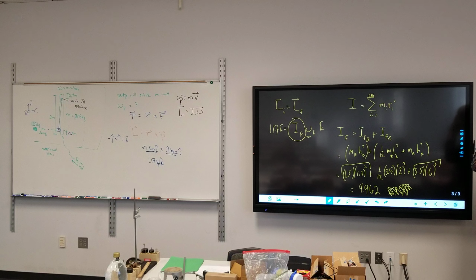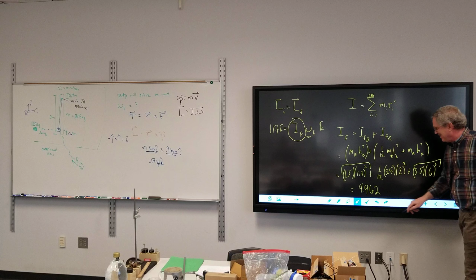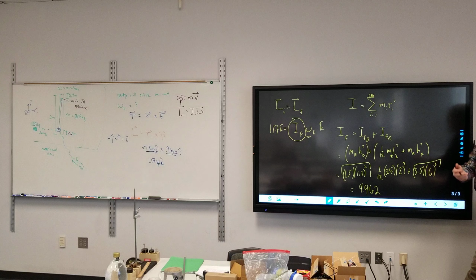That's what you just said. Why is it different from the other one? Because the other one was angular momentum, this is moment of inertia. The answer is, I know what it is. Is it mr squared? It would be the units of mr squared.